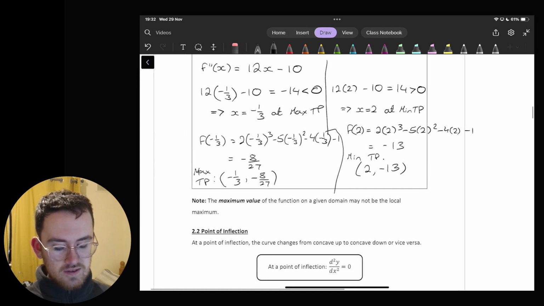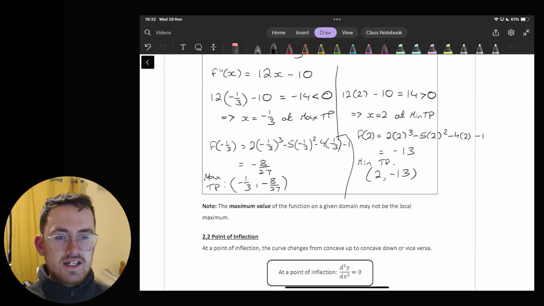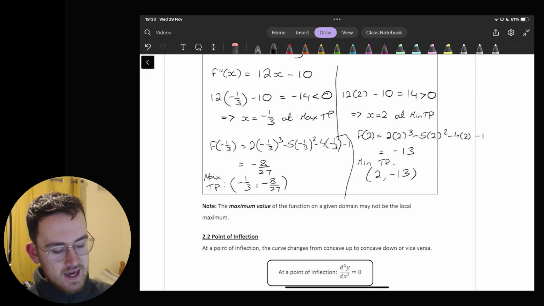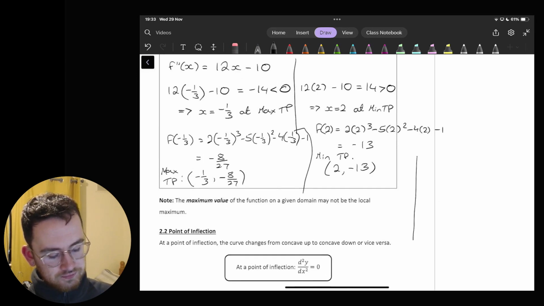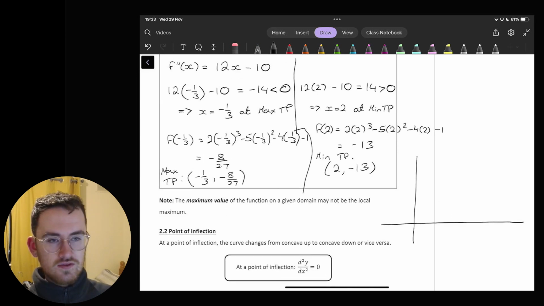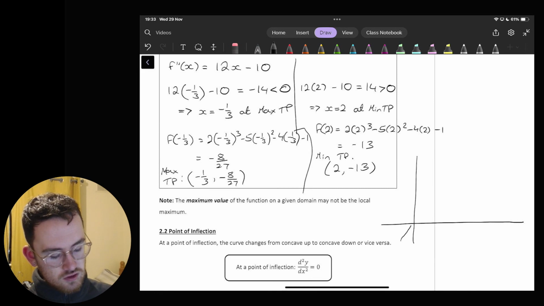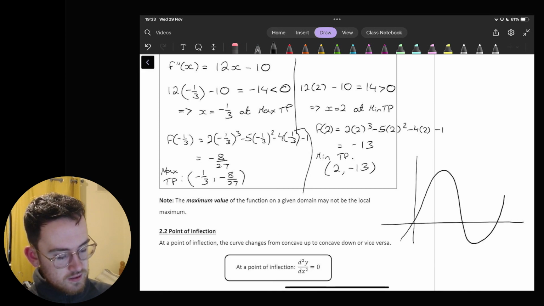Now I said we would have a little look as well at that little note that I had, and we were saying here the maximum value of a function on a given domain may not be the local maximum. So what do we mean by that? If I was given a cubic function of this form, and I draw my cubic here, and it goes up and it goes down, and my function continues.